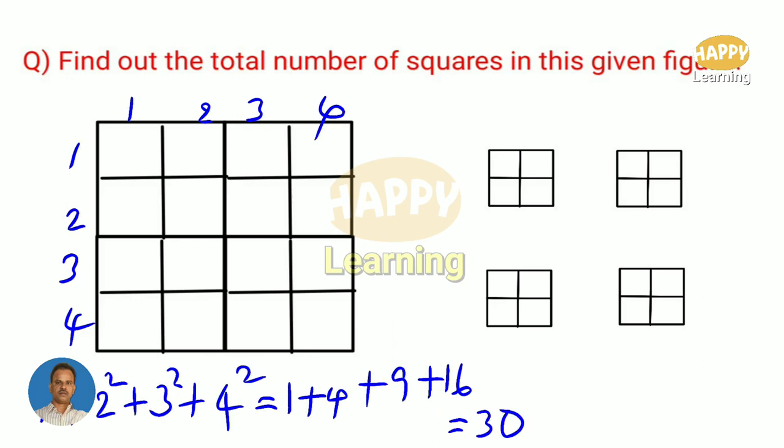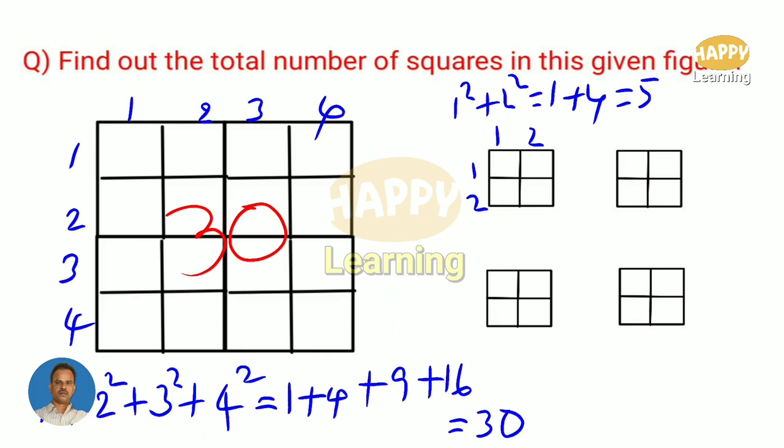Here we have 1, 2. So 1 square plus 2 square equal to 1 plus 4, that is equal to 5. So here we got 30 squares here, 5 squares here, 5 squares here, 5 squares here, 5 squares here.